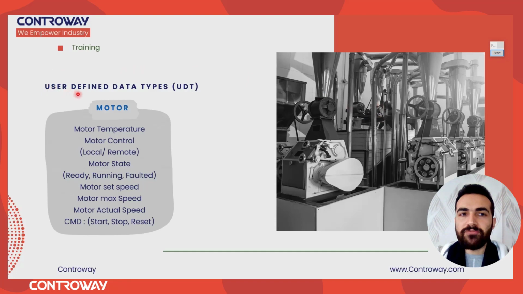So user defined data type, this is the solution. This is the most useful data type because you can create your own data type and it will include a lot of variables. You group them together and any update will be applied automatically to all the motors, to all the mixers.